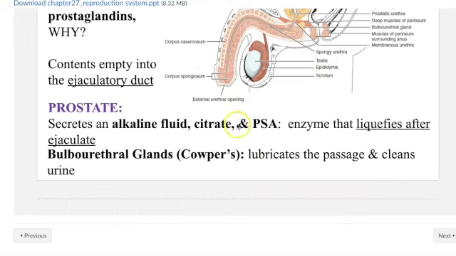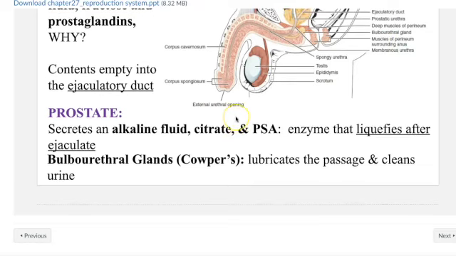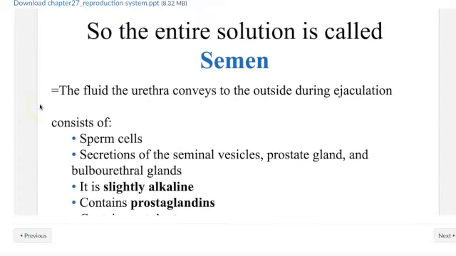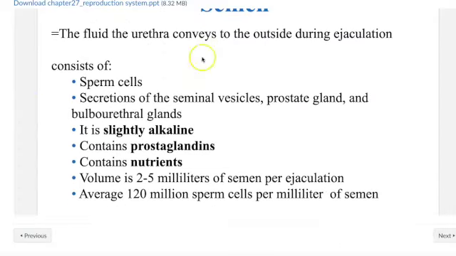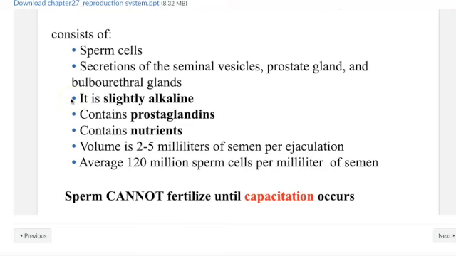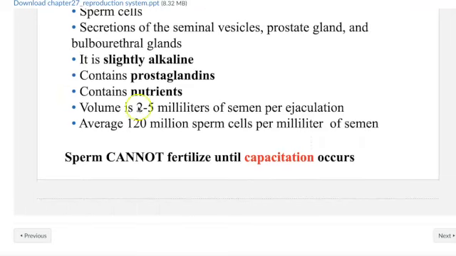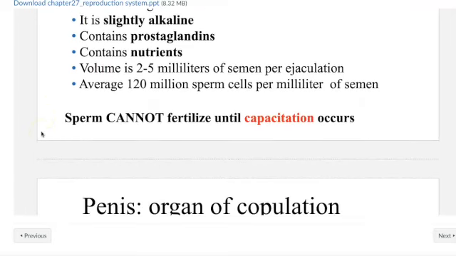Then this PSA will liquefy the semen so that the sperm can swim further. The entire solution is called semen. The fluid the urethra conveys to the outside during ejaculation consists of all these things, with lots of nutrients for the mitochondria to work.